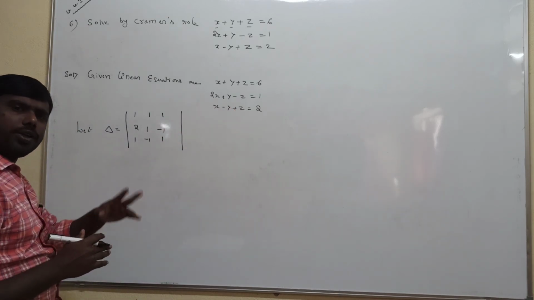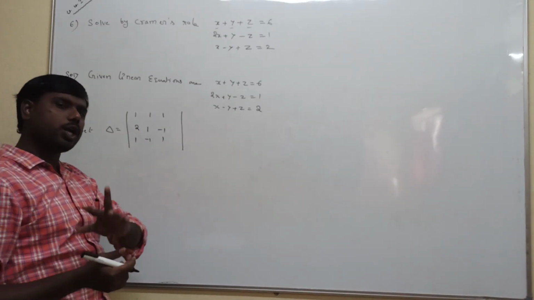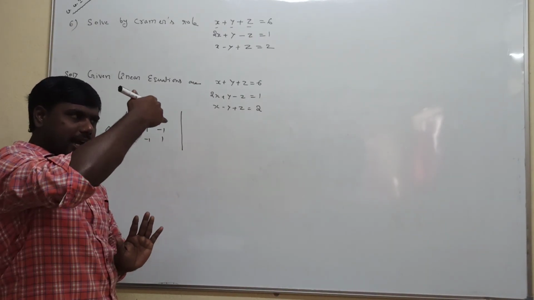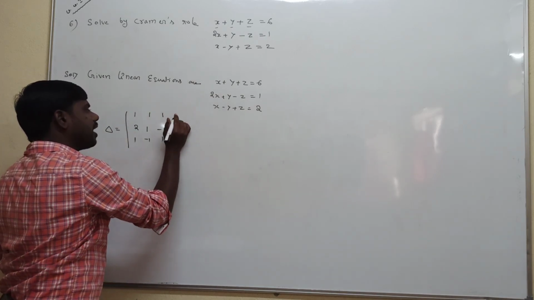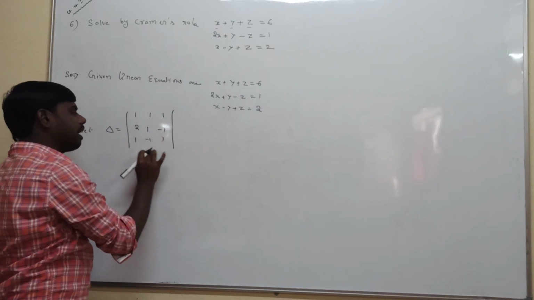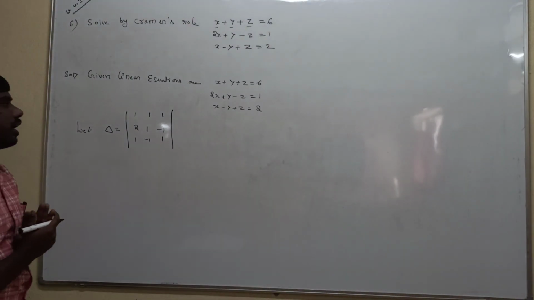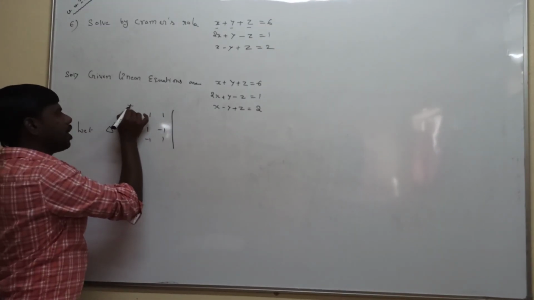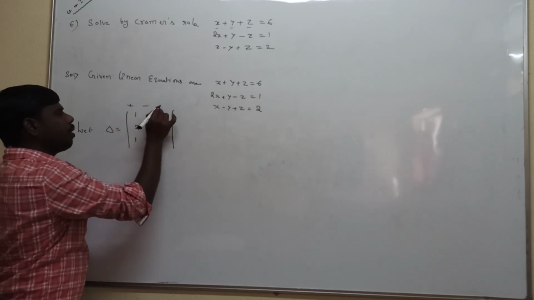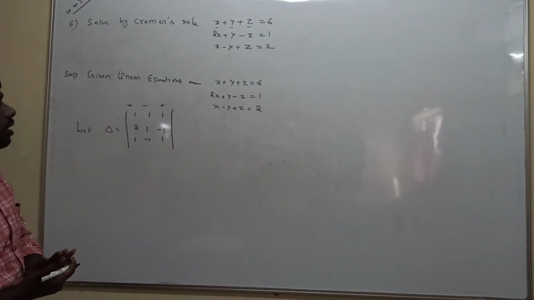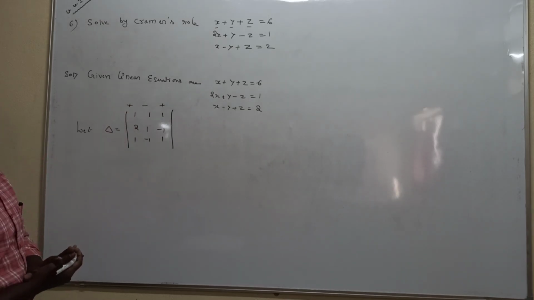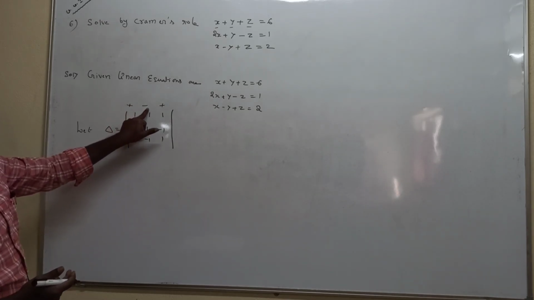Before, it was a 2 by 2 matrix, so we used cross multiplication. But here, what is the order of the matrix? It is a 3 by 3 matrix. Whenever a 3 by 3 matrix is there, at the top we consider the signs plus, minus, plus.